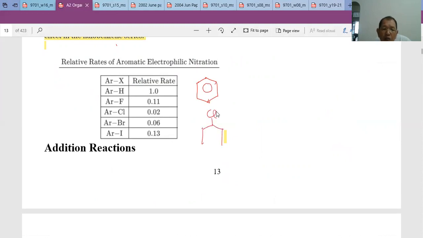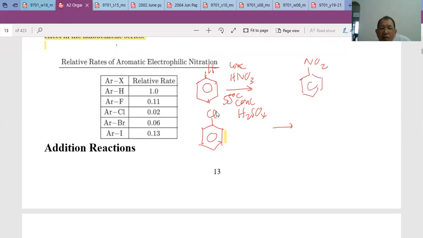I compare these two. I got nitration, concentrated HNO3, concentrated H2SO4, okay? And of course, I put 55 for both of them. This is a hydrogen here. So of course, you will get here NO2, the nitrobenzene. Here, you get your Cl.